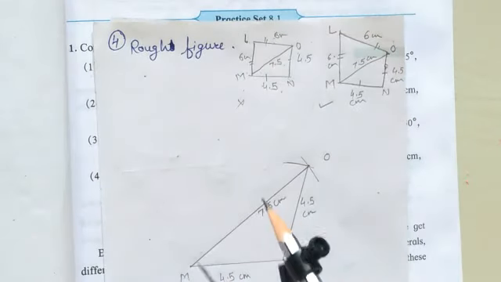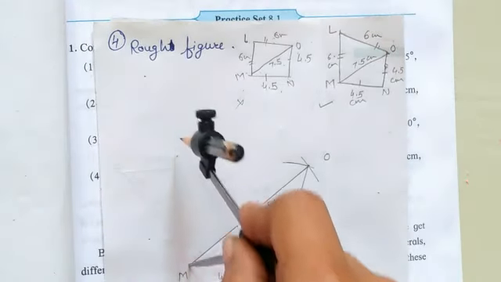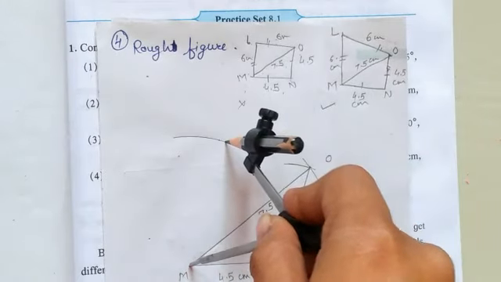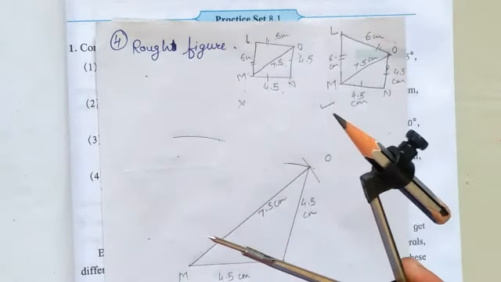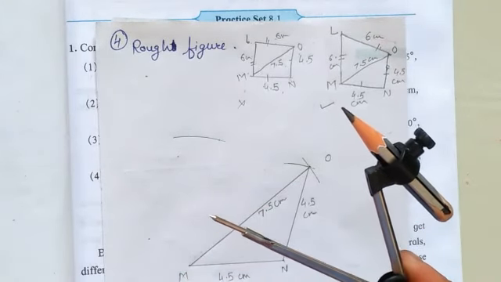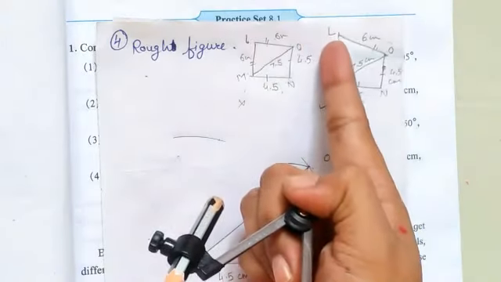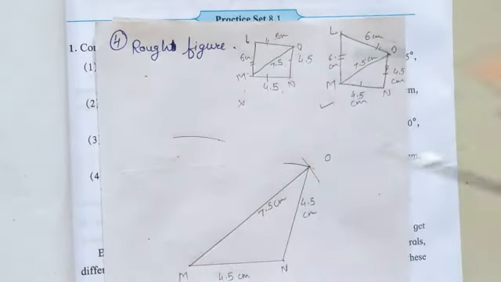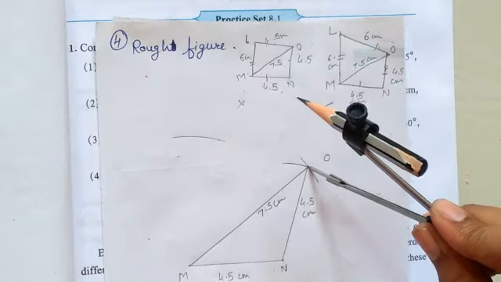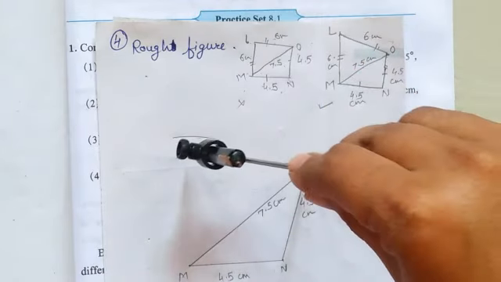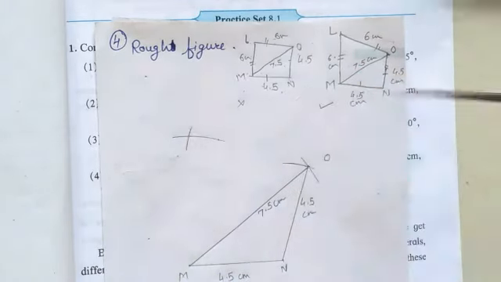Put the metal point over the point M and draw one arc. Now keep the same distance into the compass, because LO is also of 6 centimeter. So put the metal point over the point O and put the arc over the previous arc.